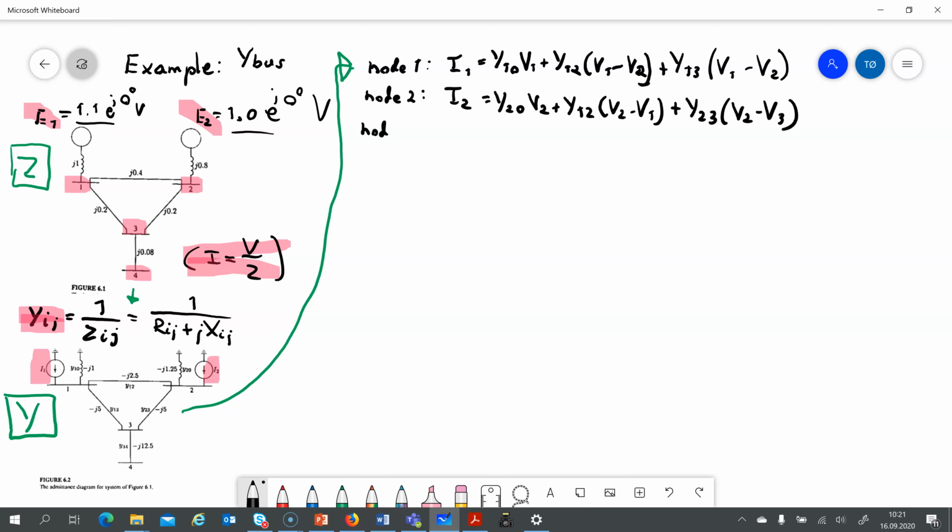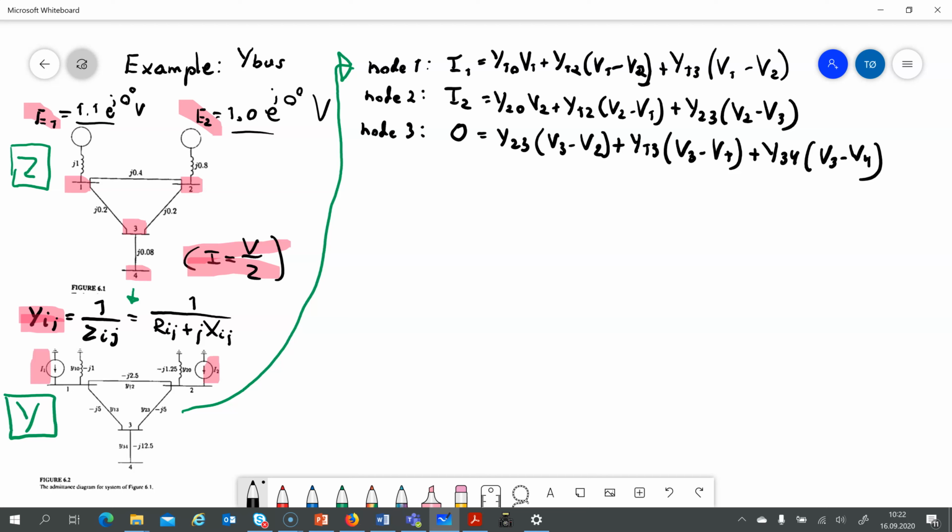We need to do the same for nodes 3 and 4 also. Here we don't have a current source. So we write the equations: Y13 times V3 minus V1, plus Y23 times V3 minus V2, and then we take also node 4.